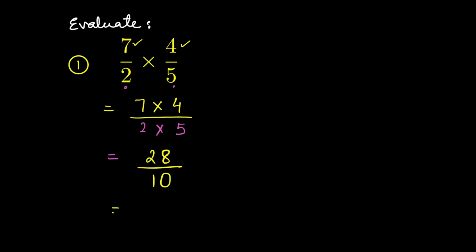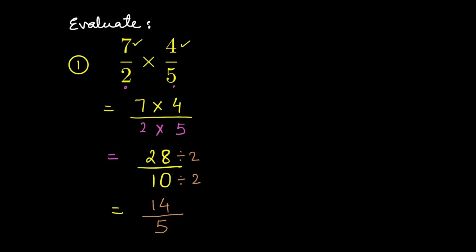Then we can reduce it because both are multiples of 2. So we divide both of them by 2 to get the answer in the reduced form. 28 divided by 2 is 14 and 10 divided by 2 is 5. So the answer for the multiplication of these fractions is 14 over 5. So this is one way to do it.